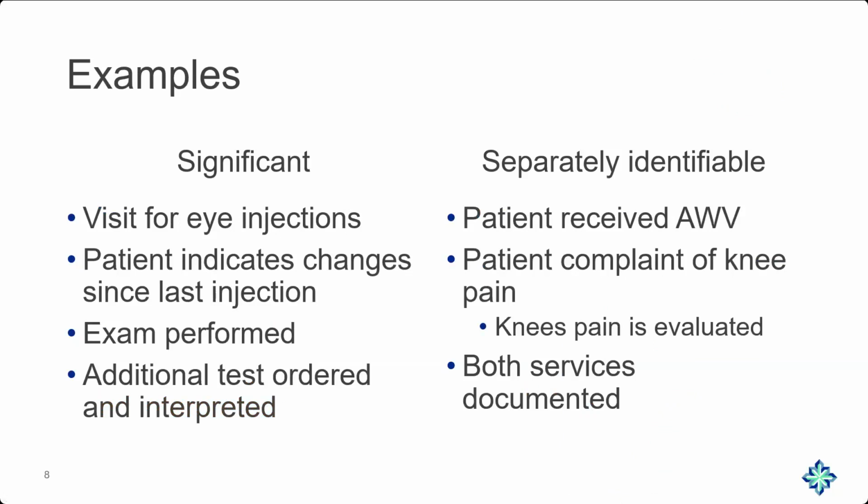During that visit, the patient is telling the provider that they've noticed some changes since their last visit. They don't know which eye. They don't really know what is changing. They just know that their vision has changed, and they're concerned about it. So the provider then performs an exam, and in that exam, they determine that they need to order additional tests and interpret those.